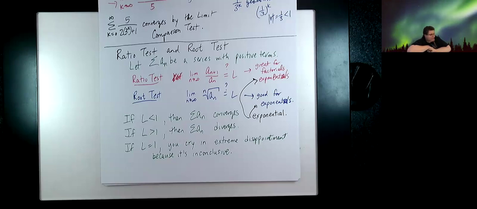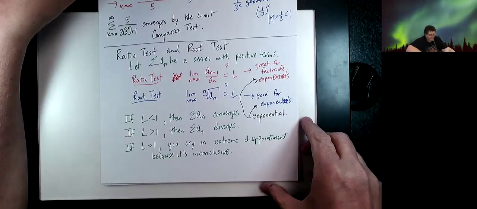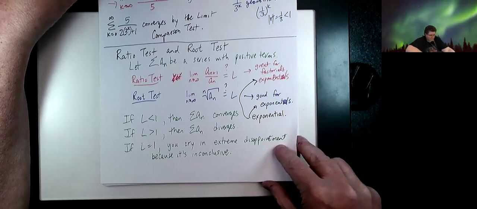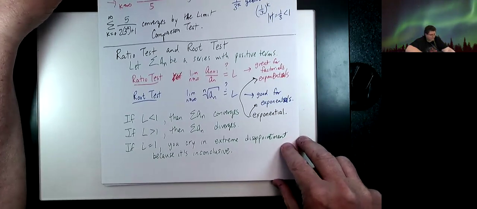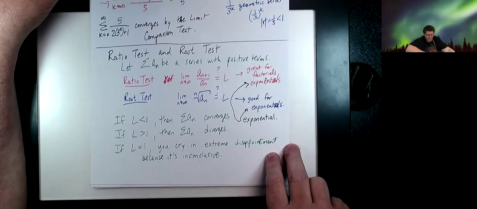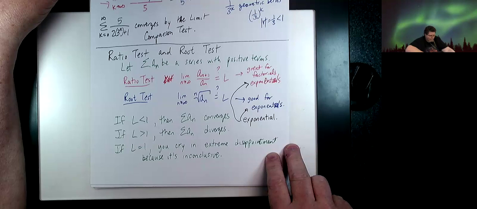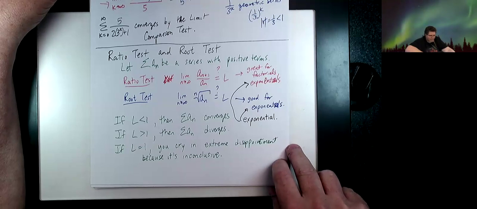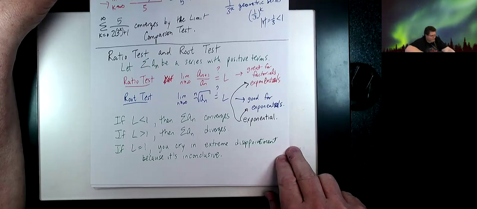Sometimes one is better than the other, and we'll do some examples and you'll get a feel for it. The ratio test tends to be great when you've got a fraction and one side has an exponential, but the other doesn't.